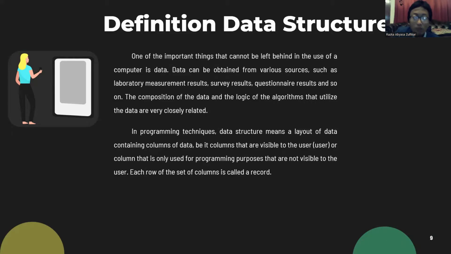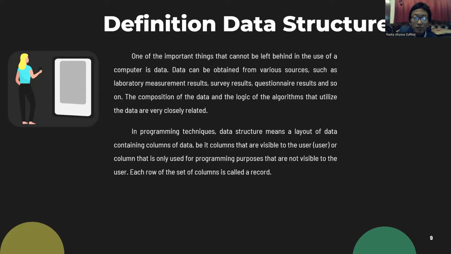And now we are going to talk about the definition of data structure. One of the important things that cannot be left behind in the use of computers is data. Data can be obtained from various sources such as laboratory research results, survey results, questionnaire results, and so on.